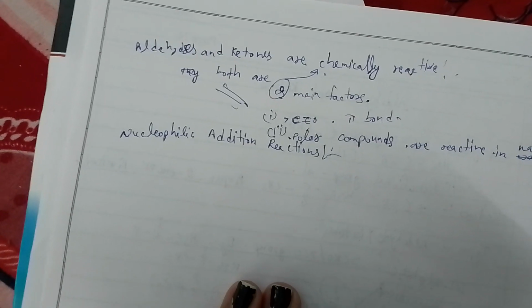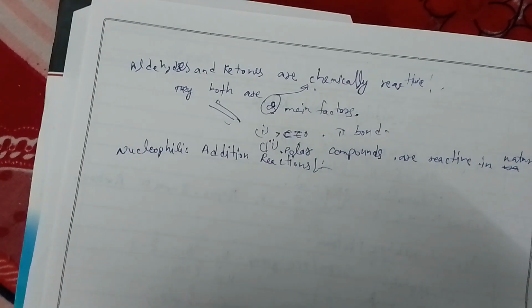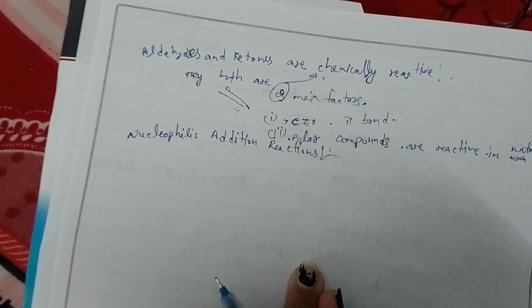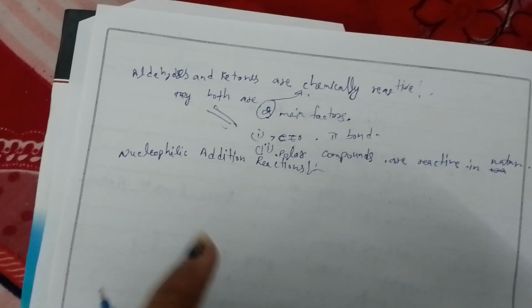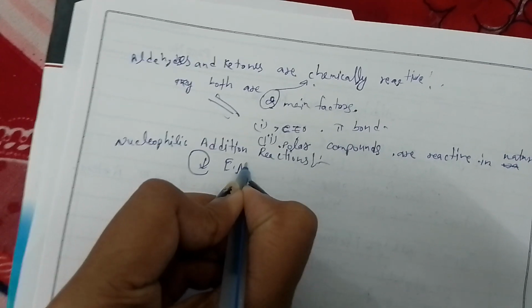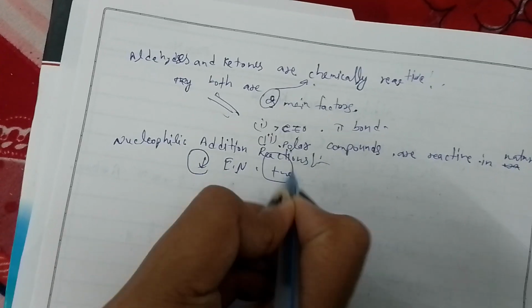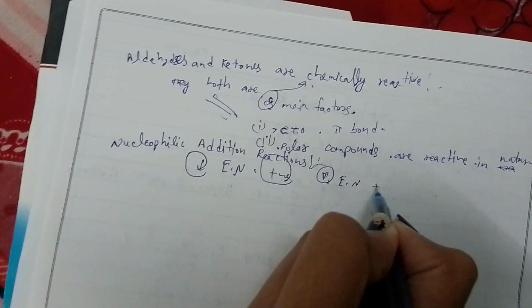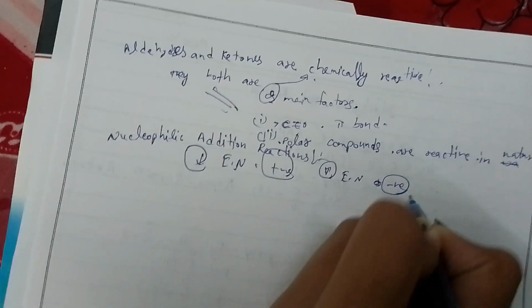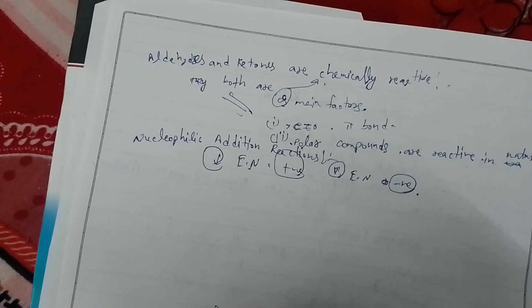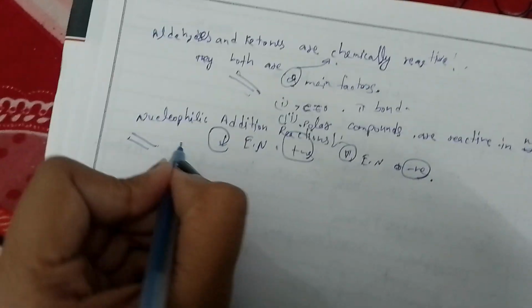So the less electronegative central atom acquires a slight positive charge and the more electronegative neighboring atom acquires a slight negative charge. Then the nucleophile will attack the central atom, so they show nucleophilic addition reaction.